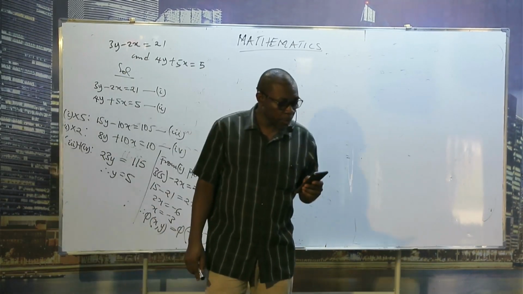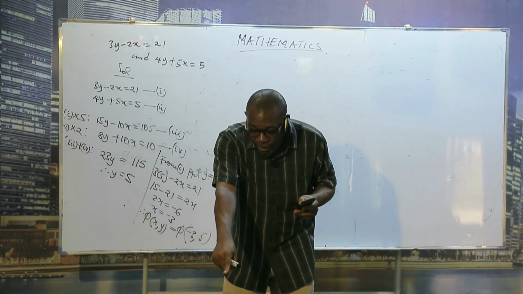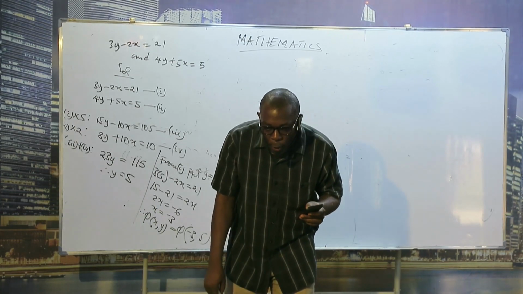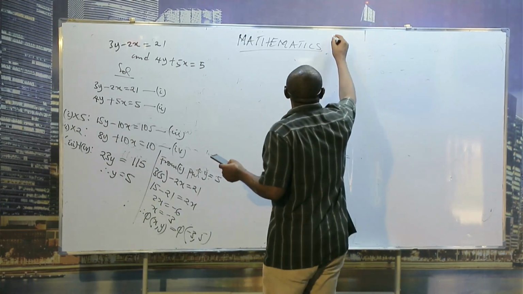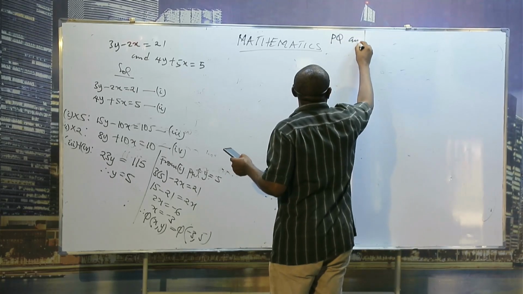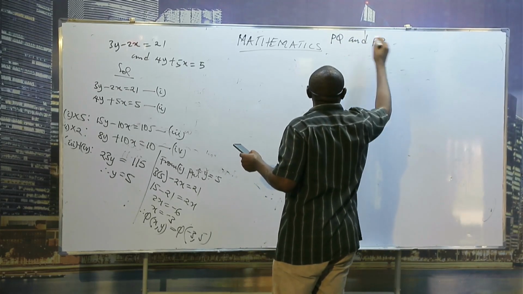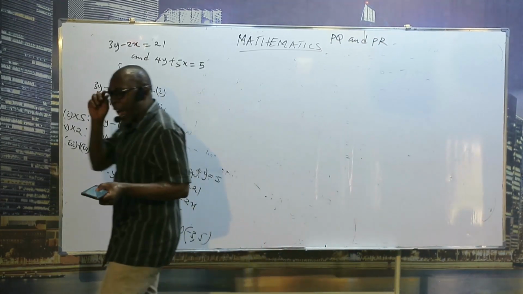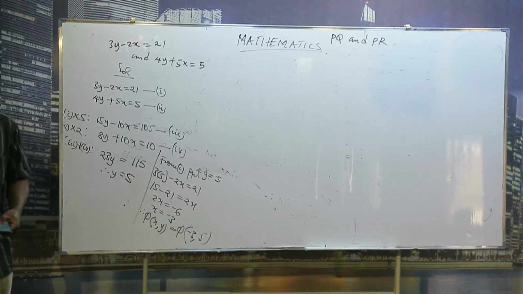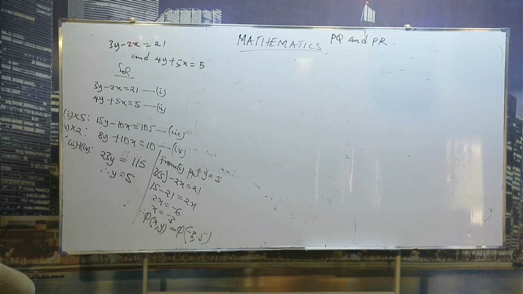All right. The equations of the lines PQ and PR. Hey, don't just write PQ and PR. What did you notice in PQ and PR? PQ. What did they say? Please read it. Let me hear.